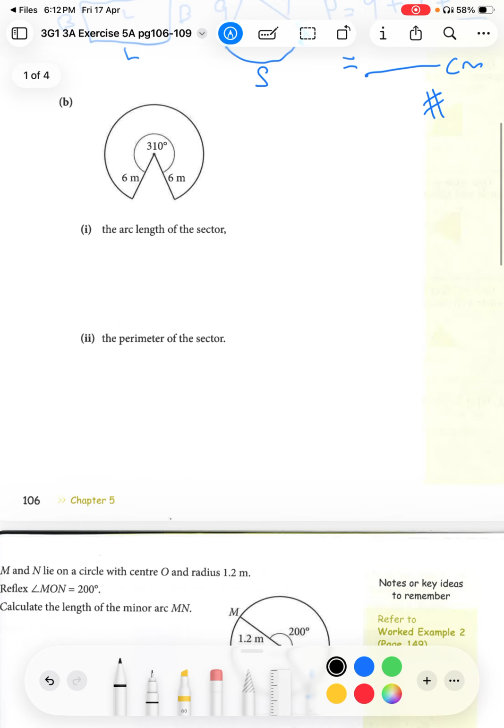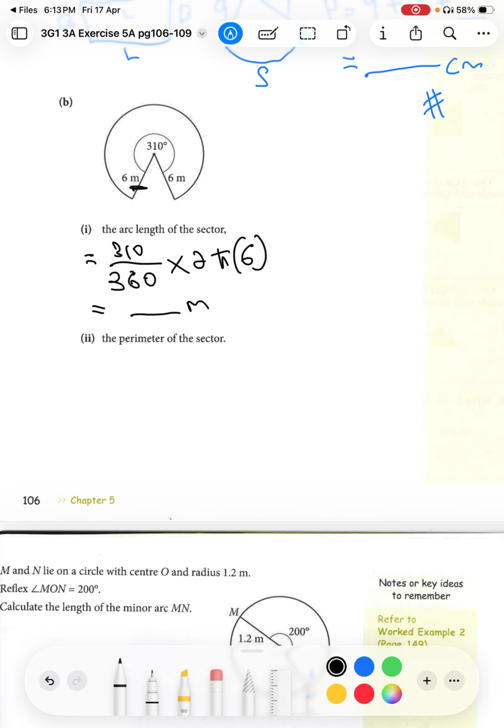Okay, the next one, find the outline of this sector. The outline for this sector will be 310 over 360 times 2 pi r. Just take note, this is in meters, so the answer that you get will be in meters.